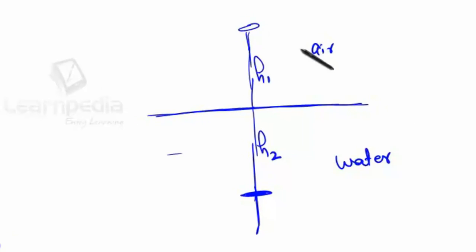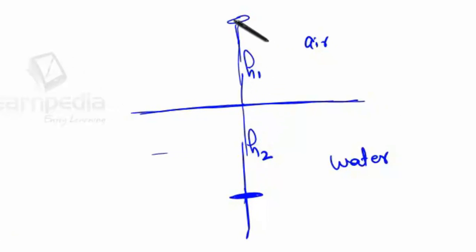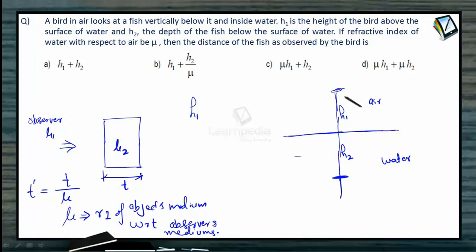Okay, in this question, as you can see that bird is here. So from here to here, there is no change in the distance because this is air and bird is in air. So H1 will be the same. And as far as H2 is concerned, to the bird, this H2 will appear as H2 divided by mu. And what is that mu?